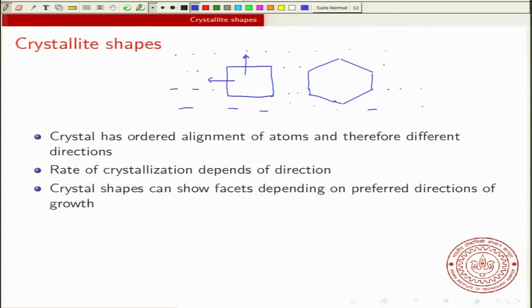Now, if you look inside the crystal, it has an ordered arrangement of atoms. So, for example, if the atoms were ordered this way, I will just take an example. If the atoms are ordered in this way, and just extend it a bit more.